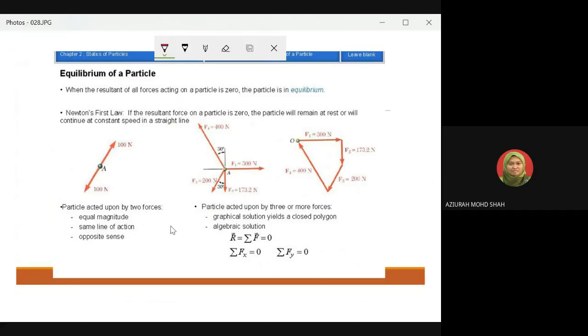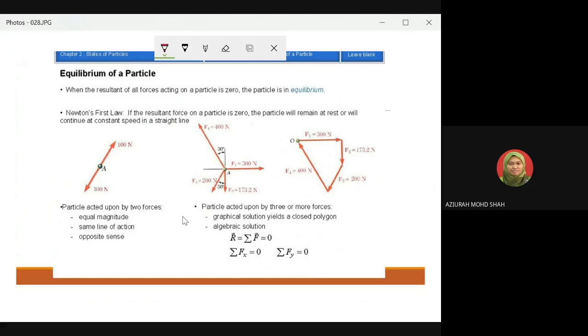Now, if it involves 3 or more forces, we can use triangle, ataupun closed triangle, ataupun kita panggil force triangle, atau more than that we can use polygon. Tapi bila nak using polygon ni, dia banyak kerja dan menyusahkan kita. Jadi that's why kita akan gunakan algebraic solution, which is Fx and Fy.